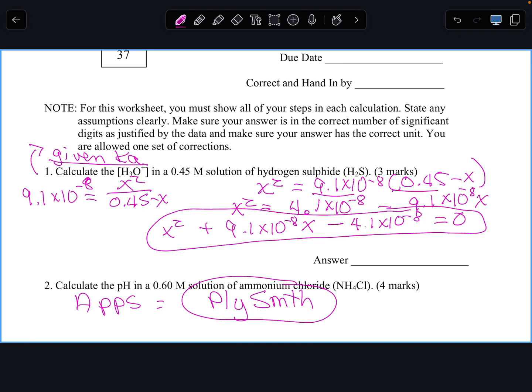Wait, on apps? On apps. I do have finance. Uh-oh. That's been a bad thing today. Did you find the one that says PlySmth? Yeah, it's number 9. Okay, number 9. That's what it is on mine. Oh goodness. Who found it? Wow.